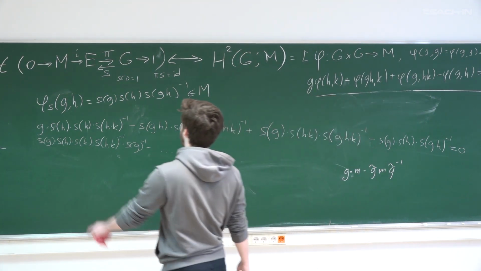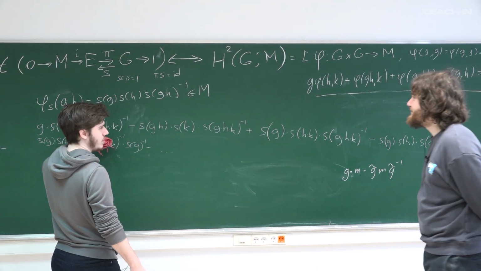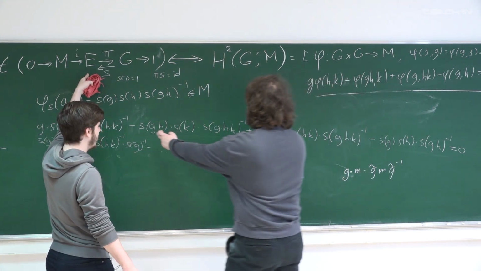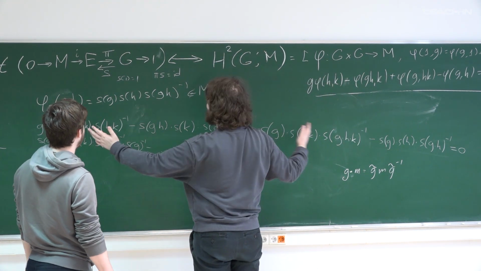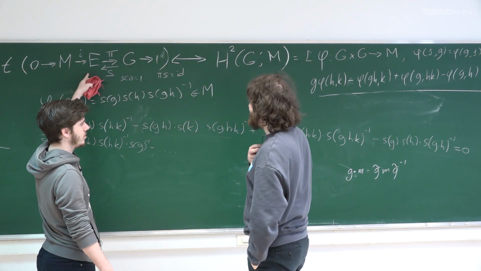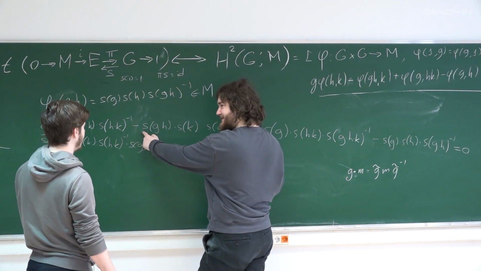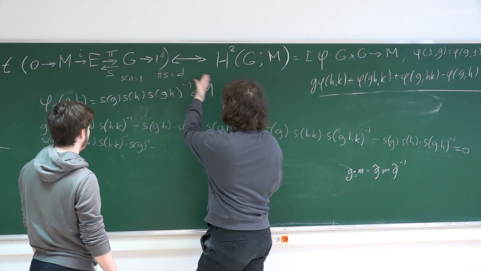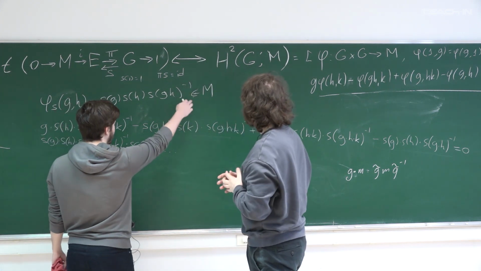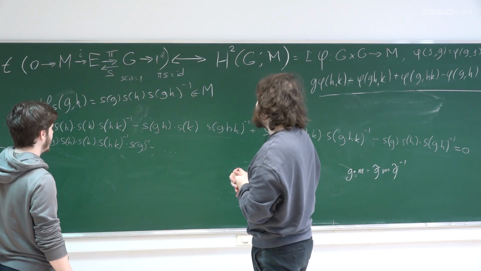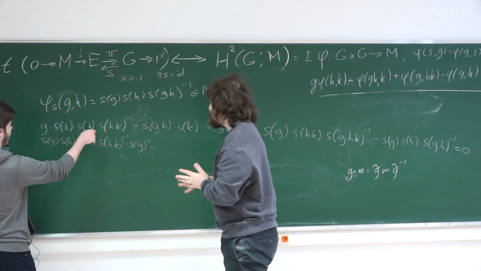What do you mean by E? This is an element in E, since it is S of something. In fact, this is an element in M. Yes, this is an element in M. Do you agree? By definition, this is from the identification.